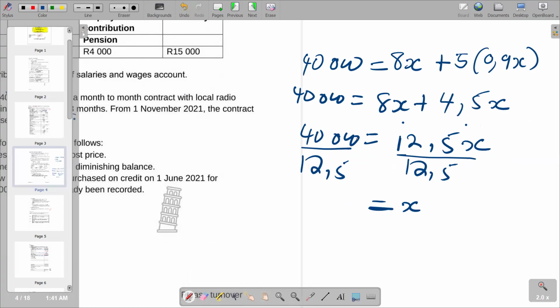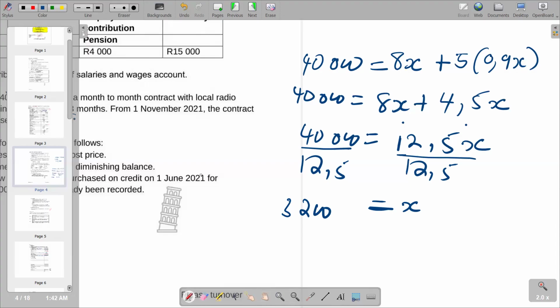So we say 40,000 divided by 12.5, and you're going to get the answer of 3,200. The rate was decreased by 10%, so remember, it was now 0.9x after it decreased.